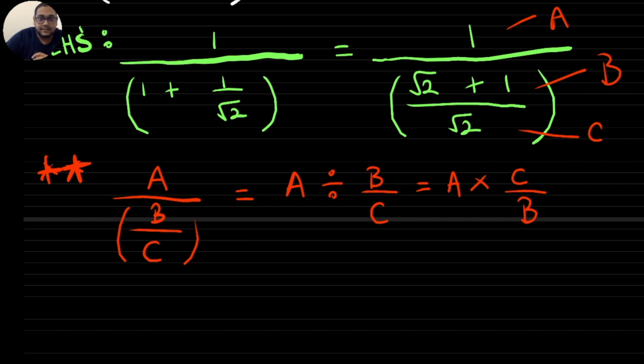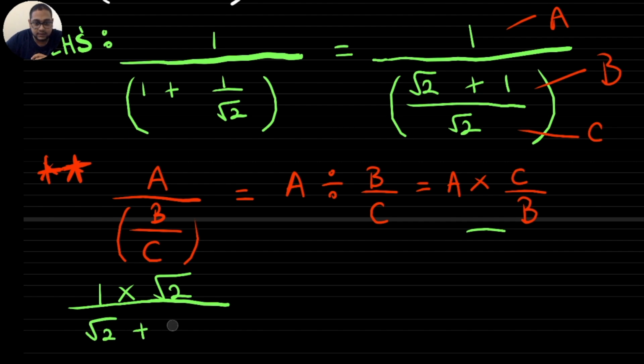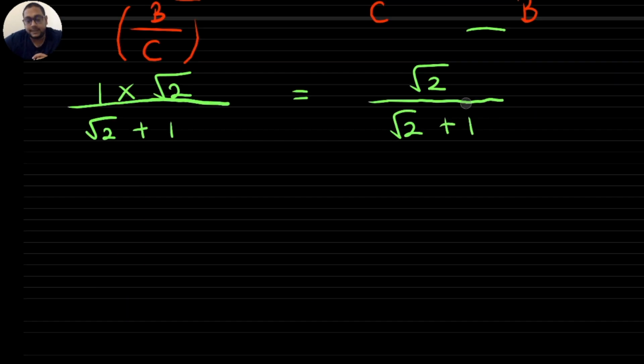So if I write this in terms of this, I can write it as a multiplied by c, which means 1 multiplied by root 2, divided by b. That will be root 2 plus 1, which means I have root 2 over root 2 plus 1. We should rationalize the denominator.